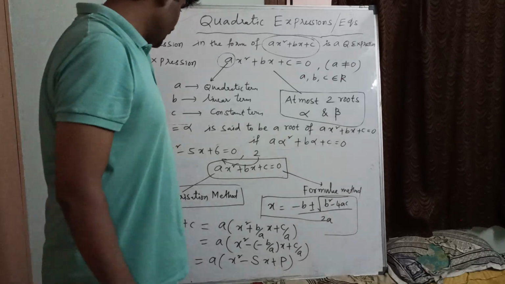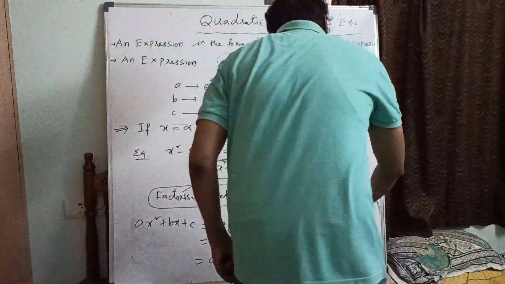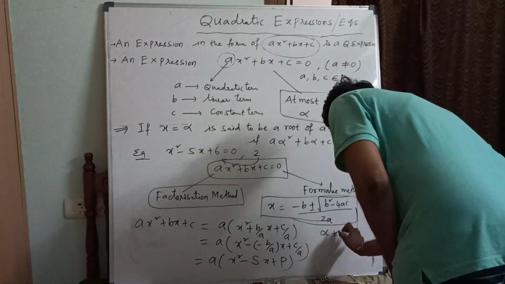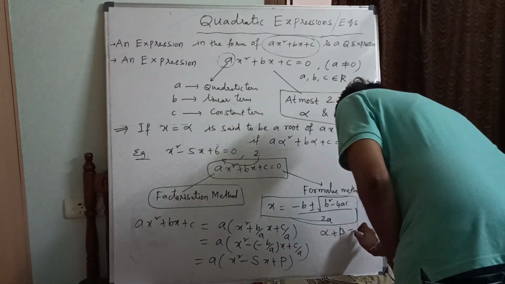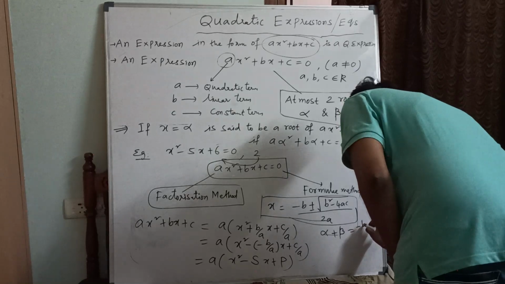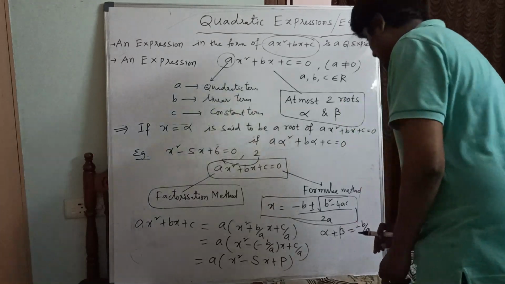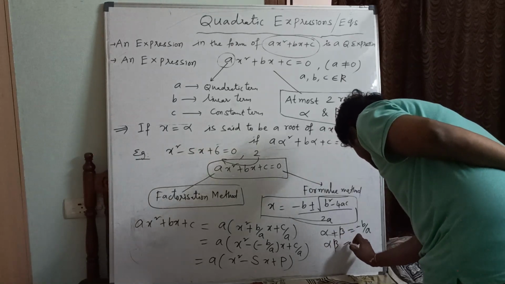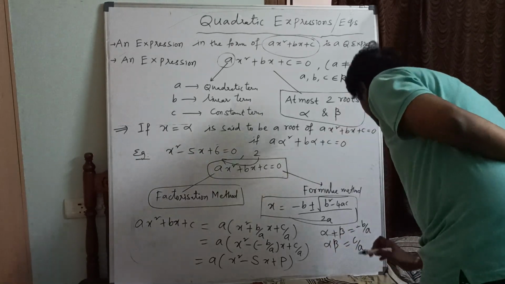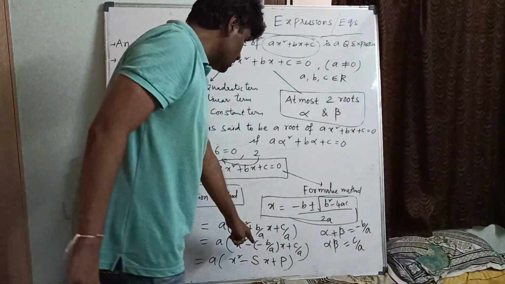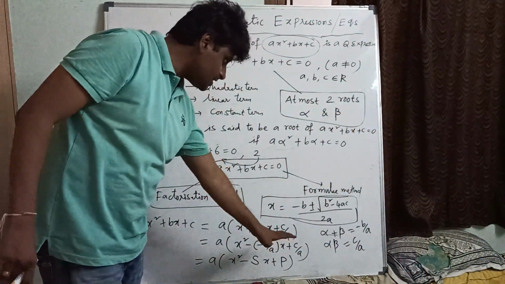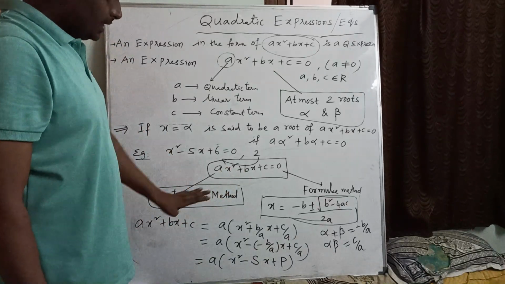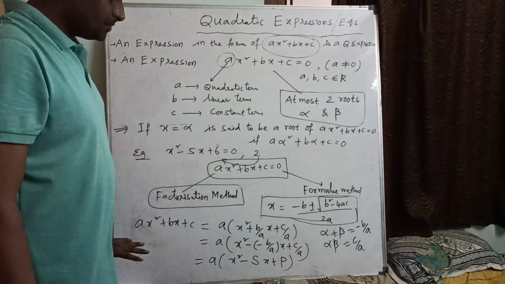So we can write sum of roots, alpha plus beta, as minus b by a. Similarly, product of roots is c by a. Clear? So like that we can write sum of roots and product of roots.